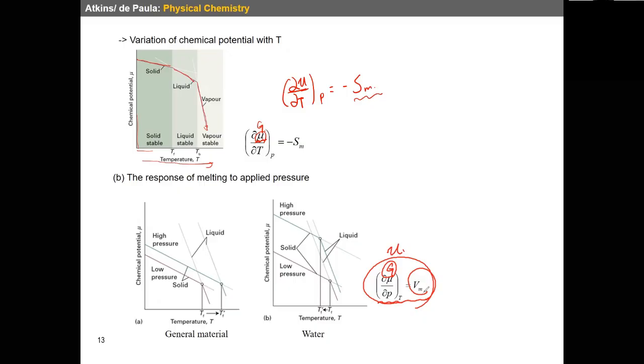At a certain temperature, depending on the pressure, there will be a different potential and also a different volume.